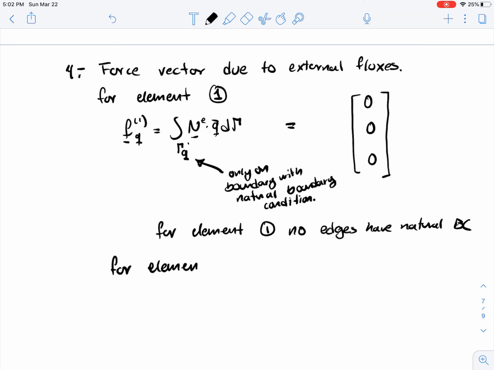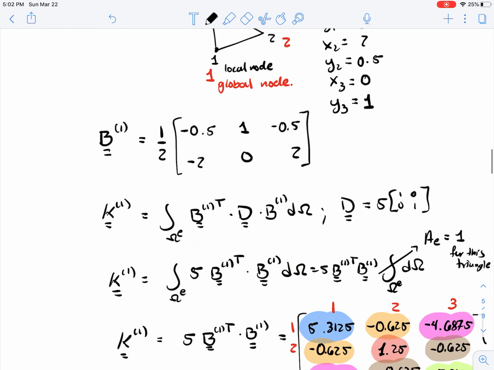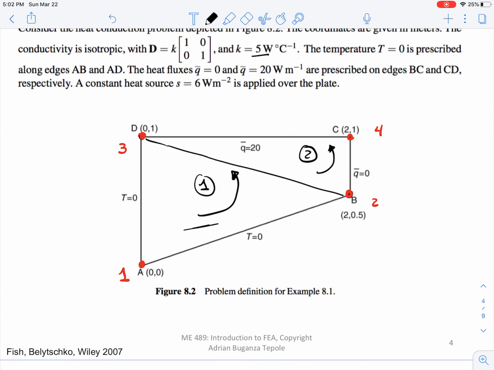What happens for element 2? Again, the definition is the same. So FQ for element 2 is going to be the integral over gamma q of N^e times q bar d gamma. For element 2, we can see that the first edge of the triangle has a flux, but it's a flux equal to 0.